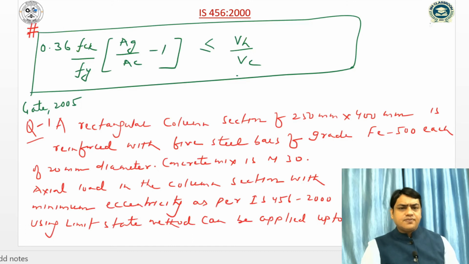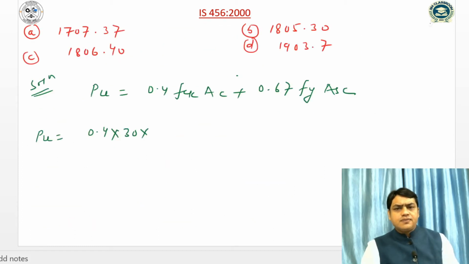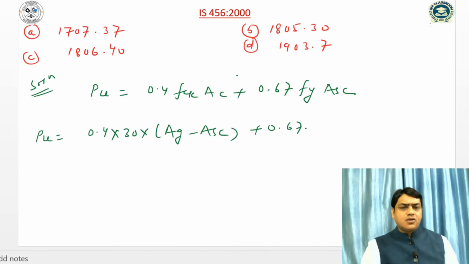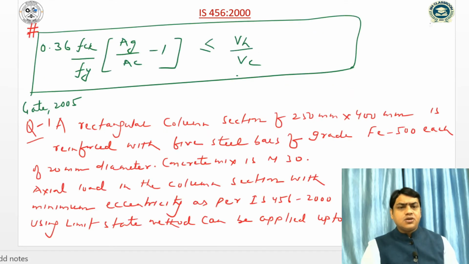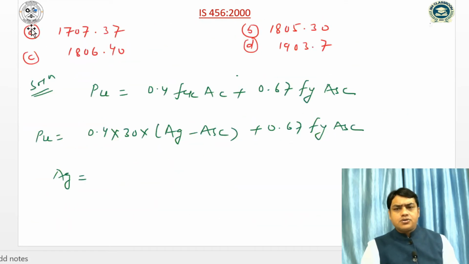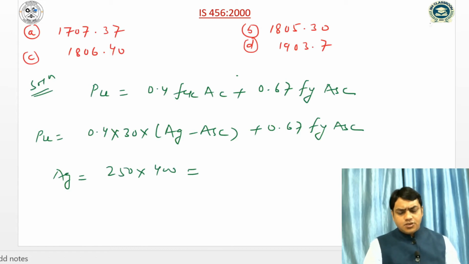Ac can be written as Ag minus Asc, so it can be written as 0.4 fck into Ag minus Asc plus 0.67 fy into Asc. The gross area can be computed as 250 by 400, so it will be 250 into 400.